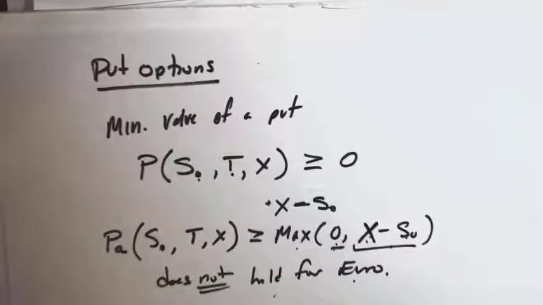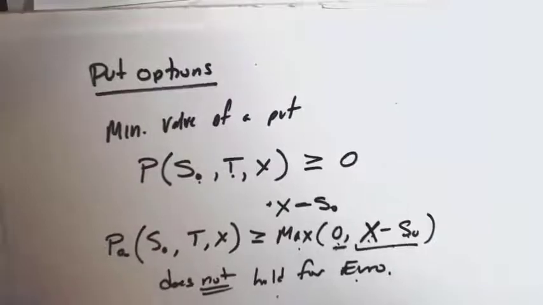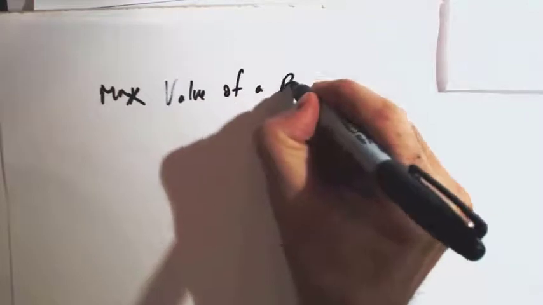If we own the option, we can only get our hands on X at a delayed point in time. So what that implies is we've got to factor in time value of money. Let's look at the maximum value of a put.